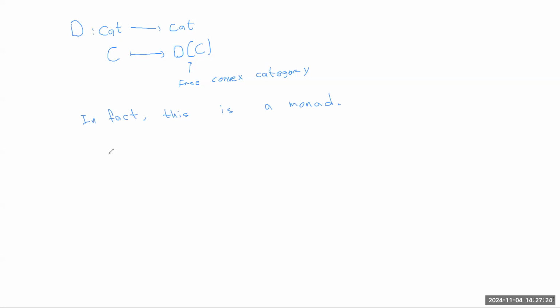Because this is a monad, we can talk about algebras over this monad, and this is the definition of convex category. Okay, so let's give the definition.